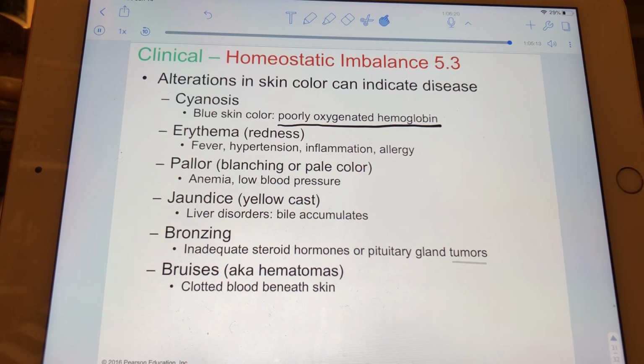Bronzing: again, the patient may have to report that their skin has changed color. In this case, it may be indicative of a lack of steroid hormones, and steroid hormones include some of the hormones made by the adrenal glands, certainly the hormones made by the gonads, all right? Or bronzing may be indicative of a pituitary gland malfunction, which may mean that the pituitary gland is obscured by cancerous growth, okay?